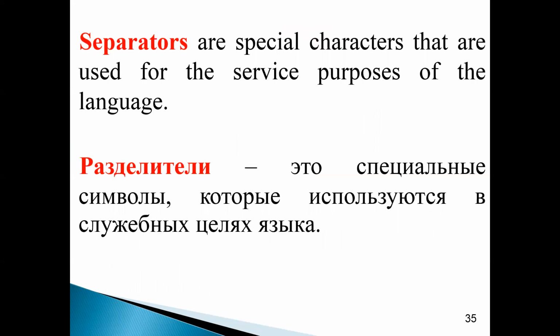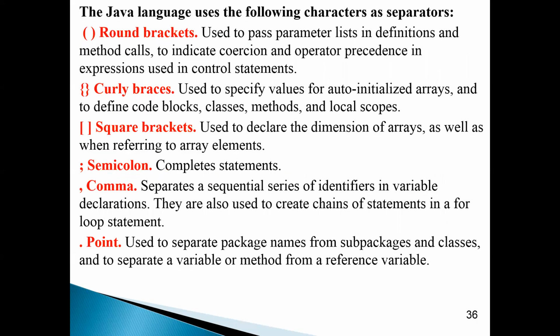Next slide, guys. Separators. Separators, by definition, are special characters that are used for the service purposes of the language. The Java language uses the following characters as separators: round brackets, curly braces, square brackets, semicolon, comma, and point.